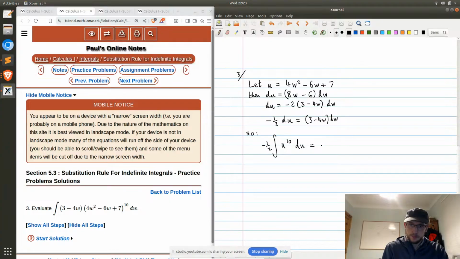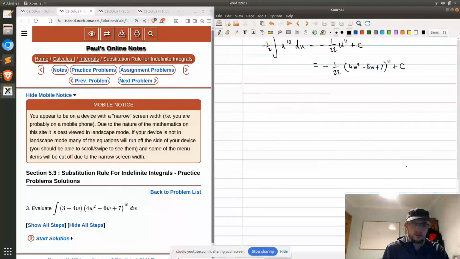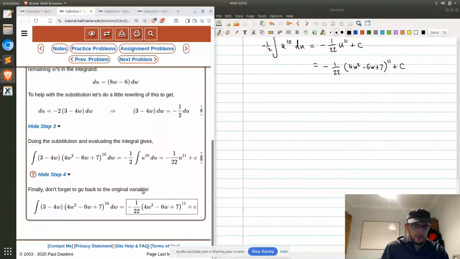So negative 1 over 22 u to the 11 plus c, which is negative 1 over 22, open brackets, 4w squared, take 6w plus 7, all to the 11 plus c. And check. That's correct.